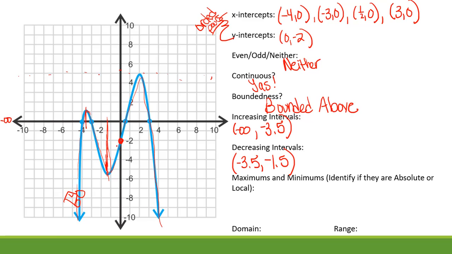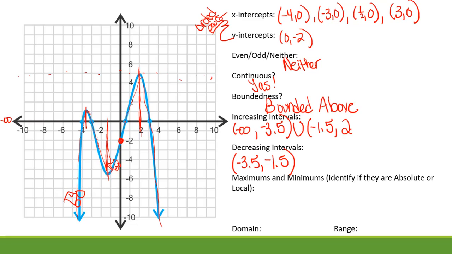Notice we're going up the hill again. So I'm going to put a union, basically an and. I'm also increasing from negative 1.5 to, let's figure out. So again, my car, if I drew my little car here, he's going to be going up the hill. Right here is when he stops going up the hill, right? So we're going to kind of draw that in. Notice that's at 2.